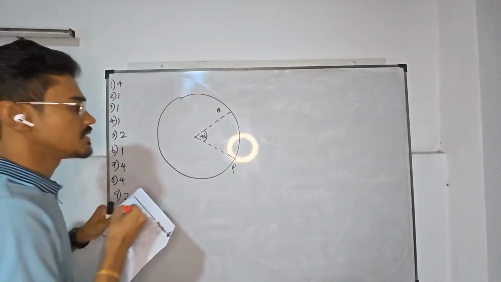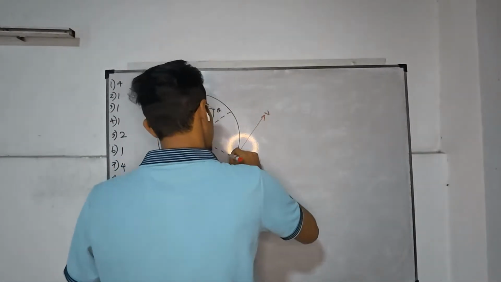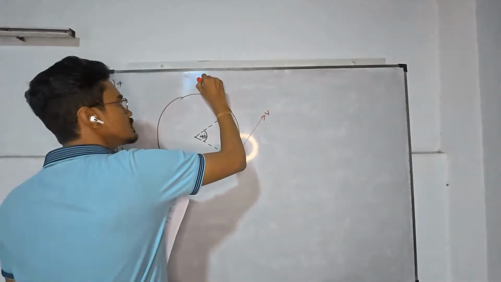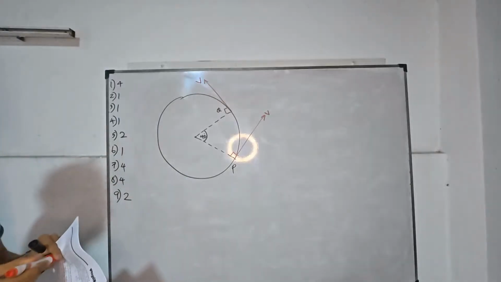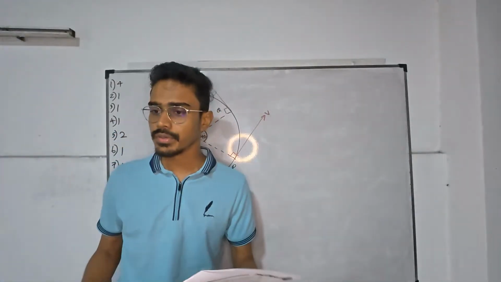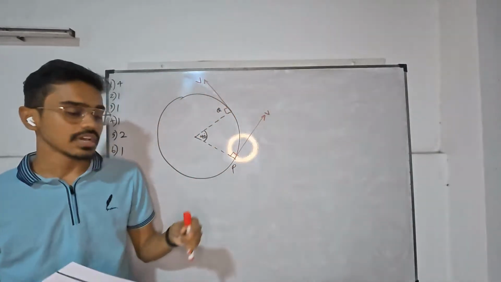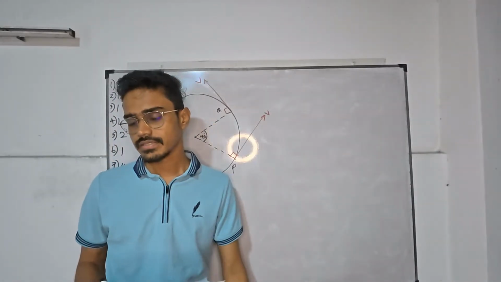So this velocity acts in this direction and makes an angle of 90 here, and this velocity acts in this direction and makes an angle of 90 here. There are two methods of doing this question, and I'll show you both.